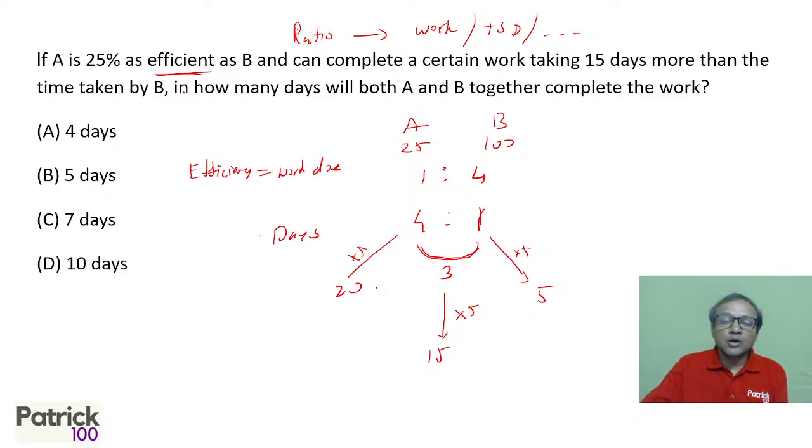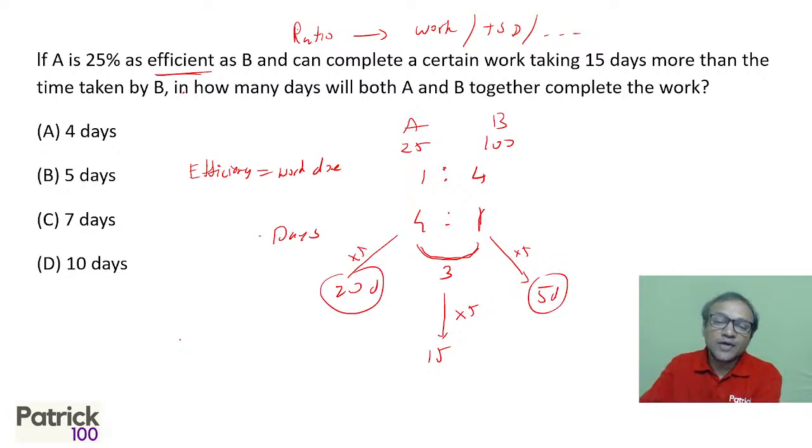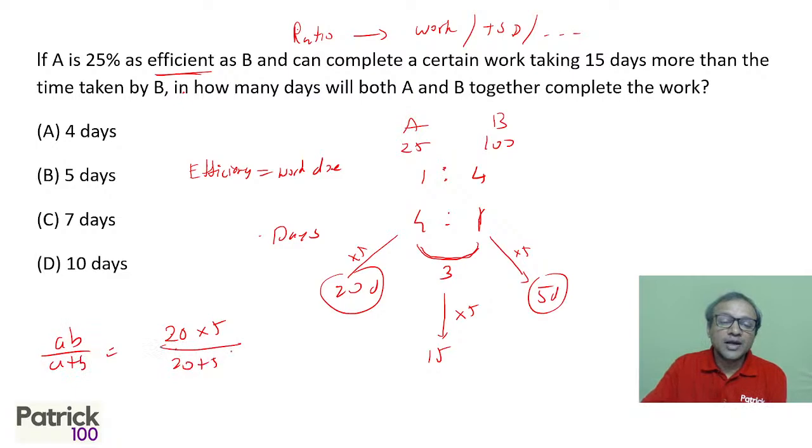When two people work, one taking 20 days, the second taking 5 days, the formula for the number of days taken is AB upon A plus B. So 20 into 5 upon 20 plus 5, which is 20 into 5 upon 25. If you solve it, you will get 4 days. That's the answer, option A.